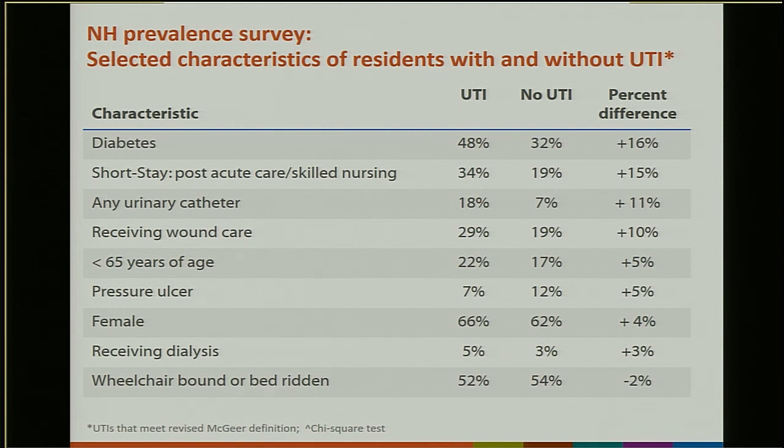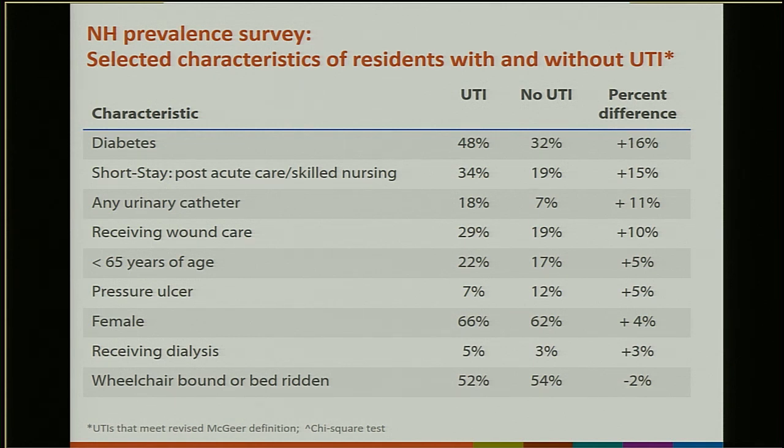Within the prevalence survey, because we looked at both people that met an HAI definition and people that didn't meet an HAI definition, it allows us to do some comparisons and look at some of the differences that may exist between people with and without certain types of UTIs. And on this table here, this is just to demonstrate some of those differences that exist.